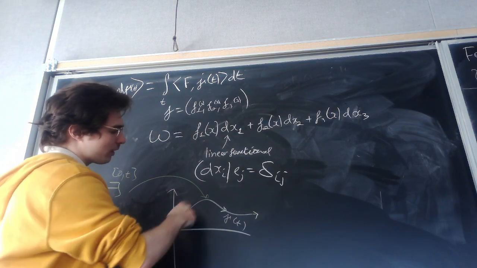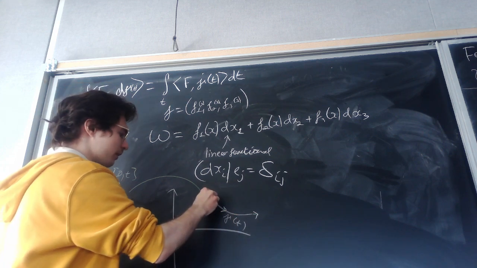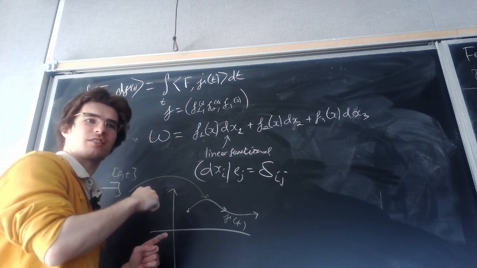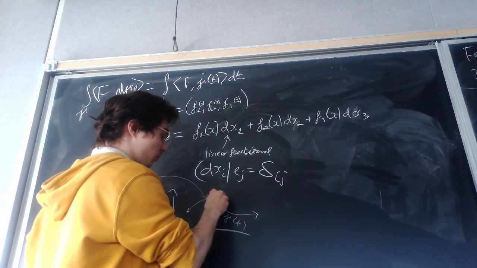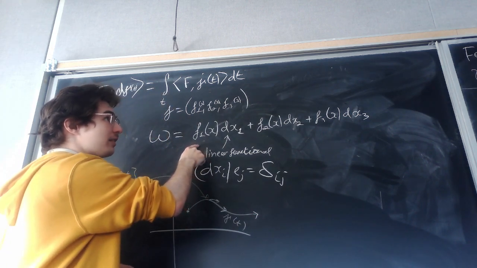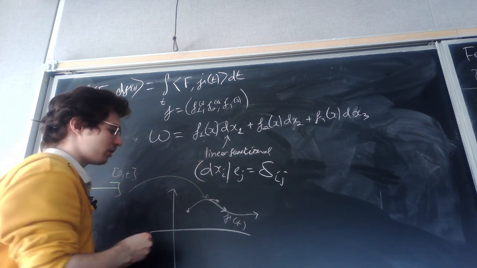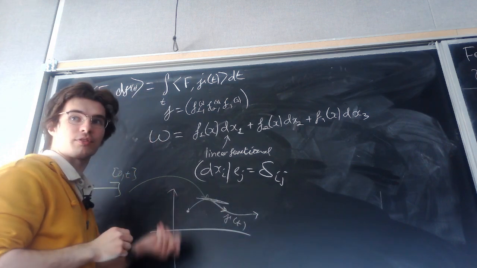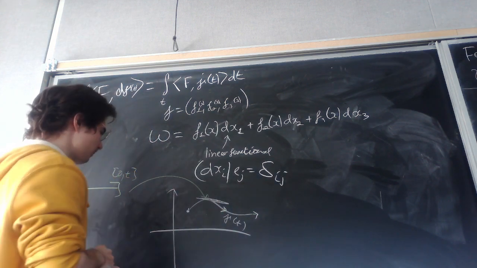But here, I'm drawing a curve, and this curve doesn't have tangent vectors in all directions. It only has tangent vectors in really one direction. So we need to redefine this linear functional so that as input it only takes tangent vectors in this tangent direction, specifically for this curve. Do you agree?